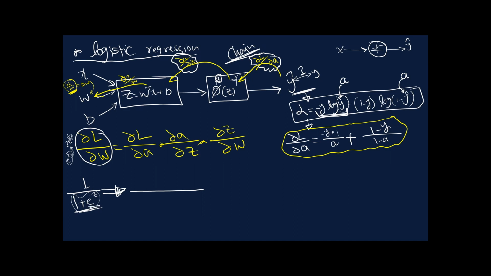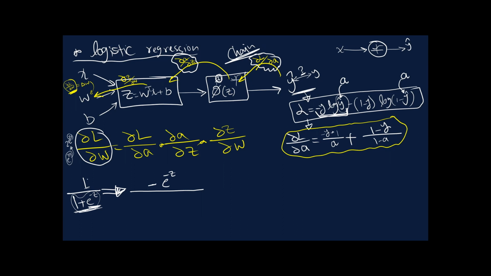Let's apply the same thing here. It will be e to the power of minus z multiplied by the derivative of minus z with respect to z, which is minus 1.